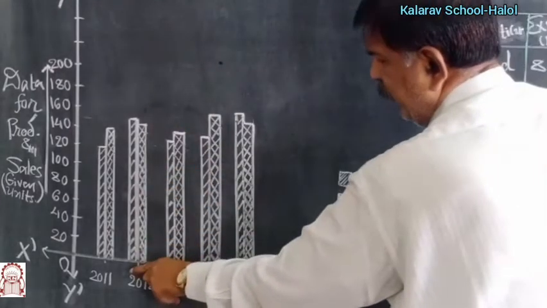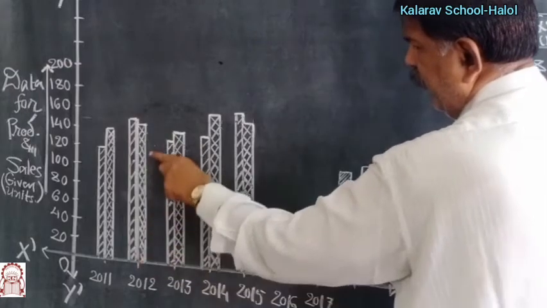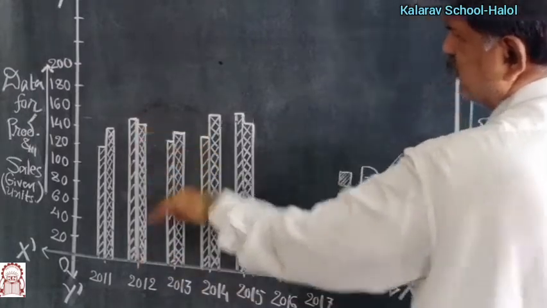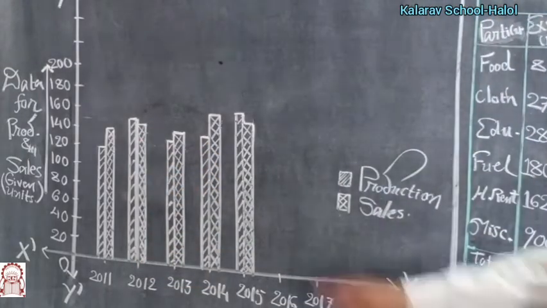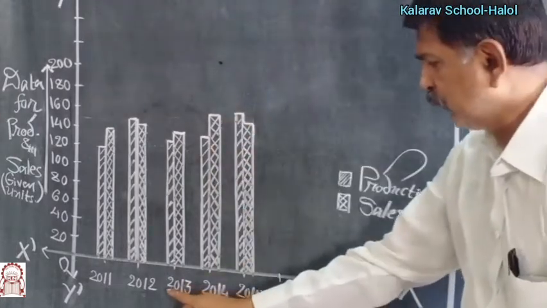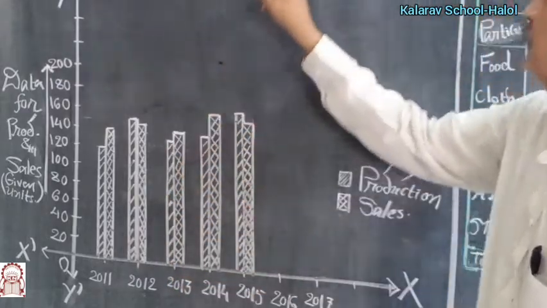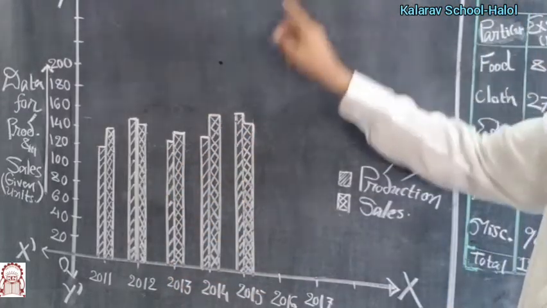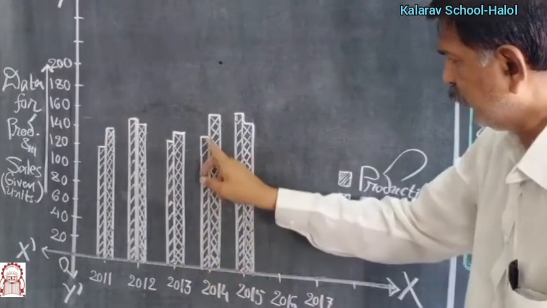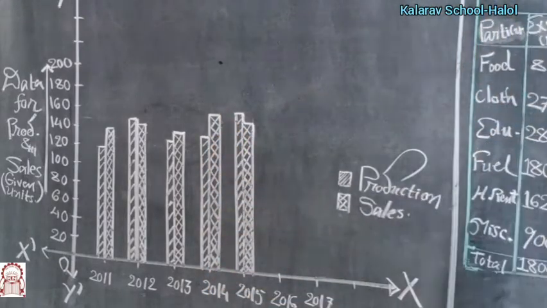See, this line is 150, the first column. The second column is 145, just below. For 2013, 130 and 140. For the next year, 140 for production and 160 for sale.